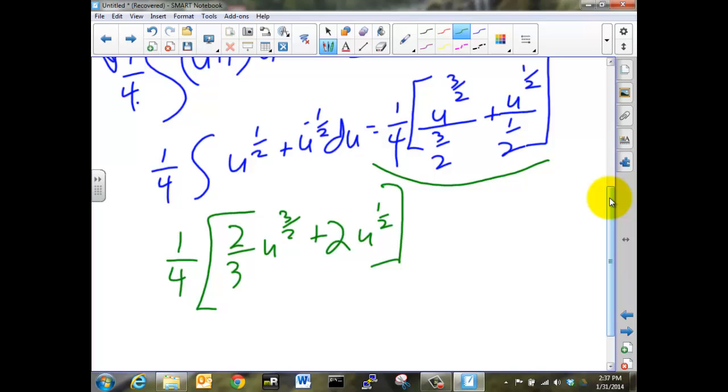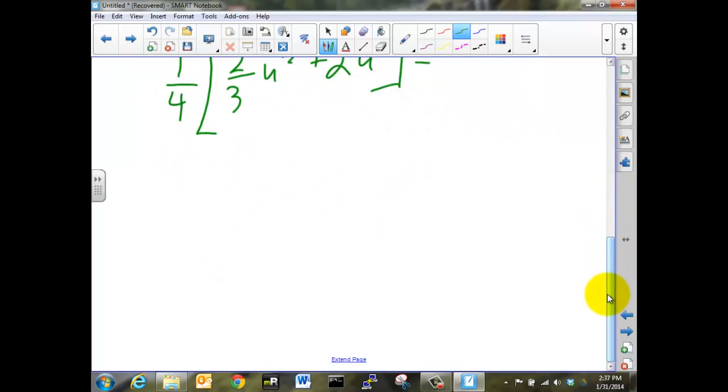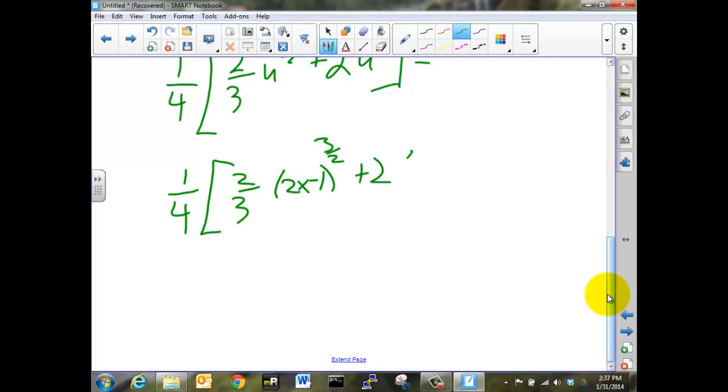And now we need to plug back in for x's, don't we? u was 2x minus 1, I think. Okay. So 2x minus 1 to the 3/2, plus 2 times 2x minus 1 to the 1/2. And I can evaluate that at 1 and 5.